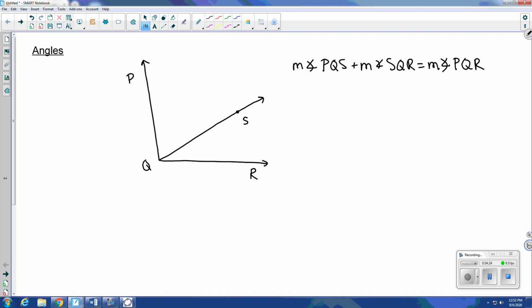And this is the angle addition postulate. So if you see this formatting in a problem, you need to be able to recognize that that is this postulate.